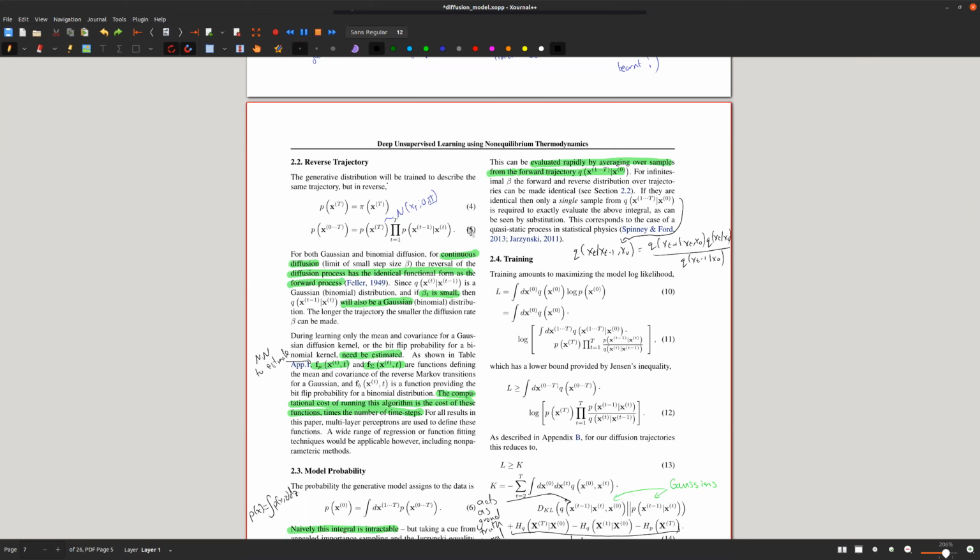It's a product of these transition elements, right? I think they normally parameterize p, and both the mean and the variance are calculated using a neural network which takes into account the previous time step's representation.